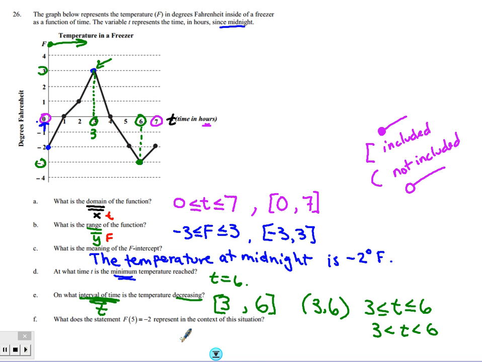All right. Last thing, what does the statement f of 5 equals -2 represent in the context of the problem? And this one we have to make sure we're writing words and explaining in the story. That's what that's saying, in the story.